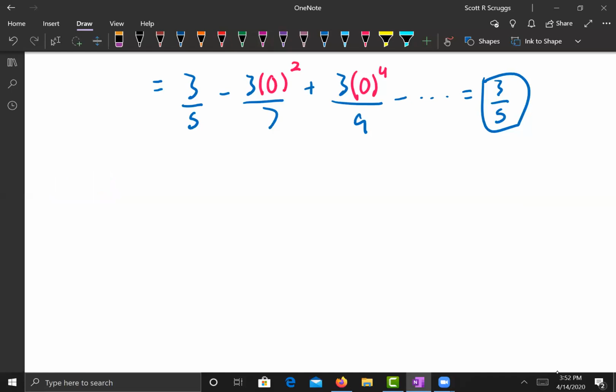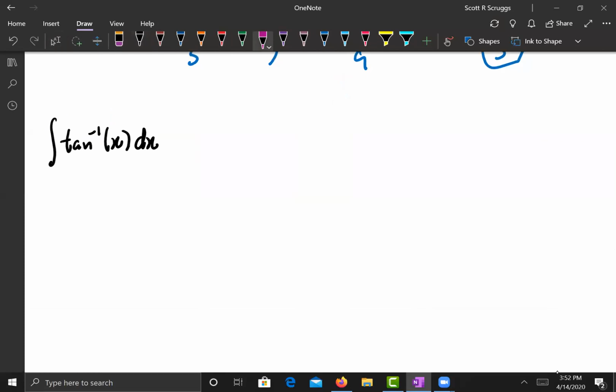So the problem that I think will be similar to help y'all out will be the integral. And because we had arctan before, let's use Taylor series again to evaluate the integral of arctan. And the property that I'm thinking of from power series is the following.